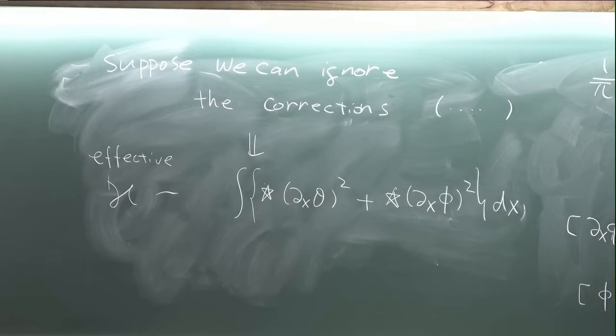But actually, phi and theta are not independent degrees of freedom because they have some funny commutation relation, but they are different representations of the same degree of freedom.